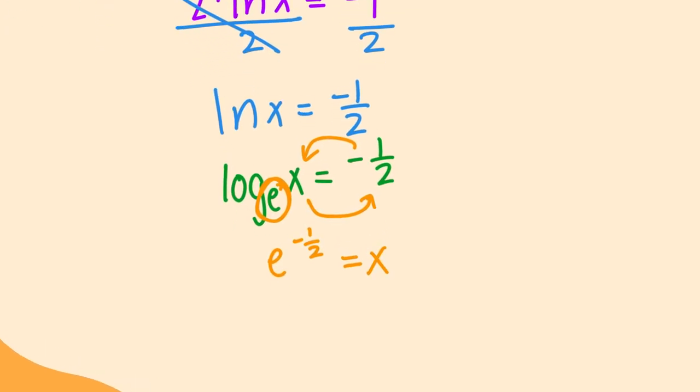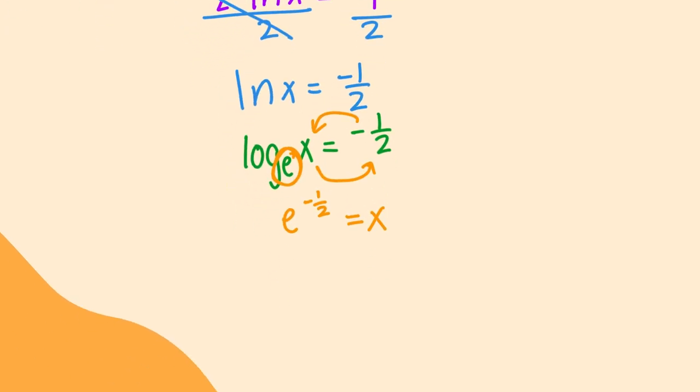Plug it into your calculator. Now, how do you plug this into your calculator? We use the e like we did with the money questions with compound interest last chapter, and we're still using that here. So on your calculator, you're going to press second ln.